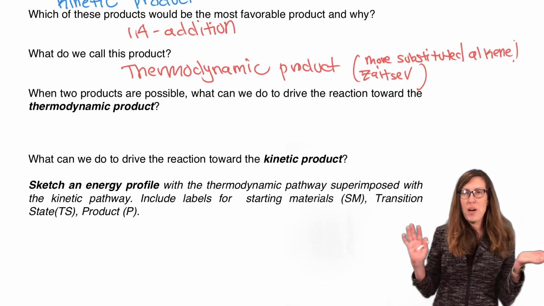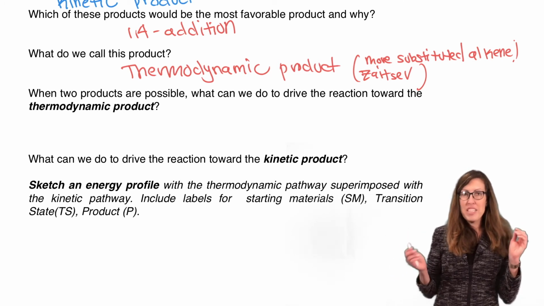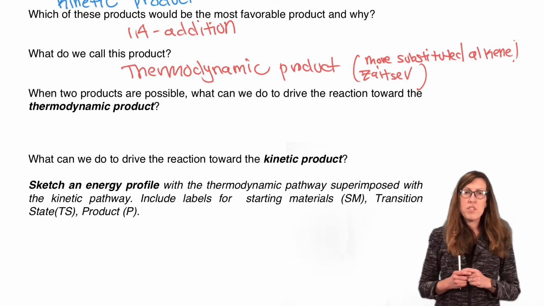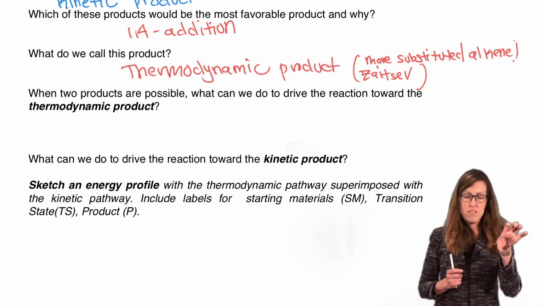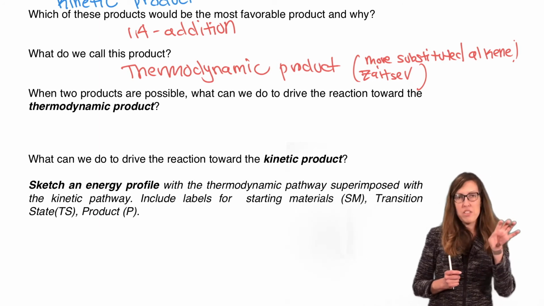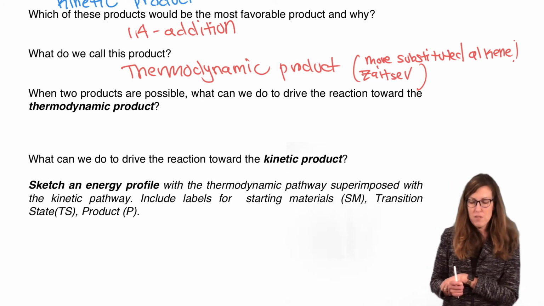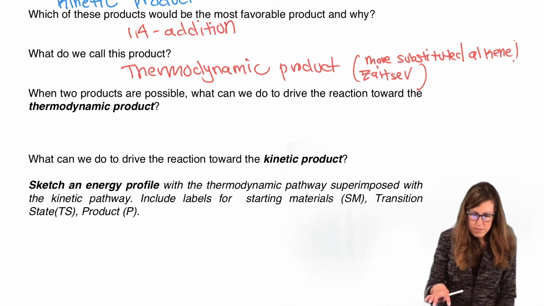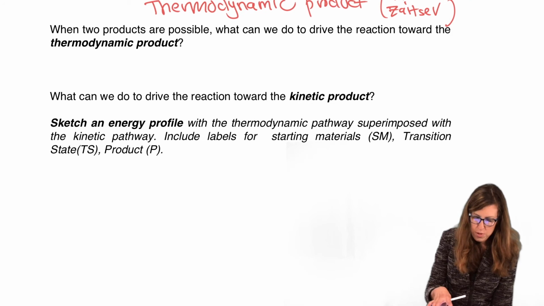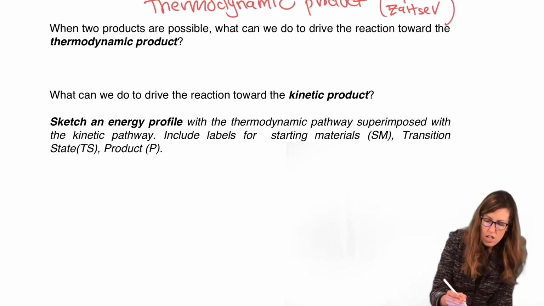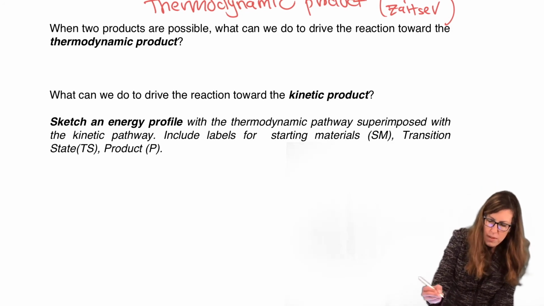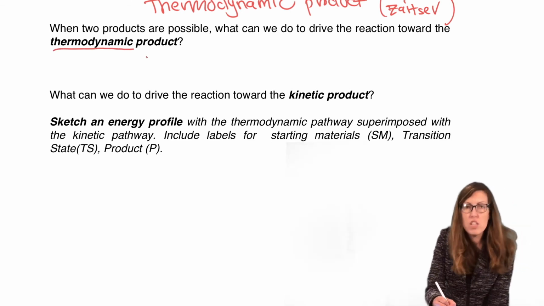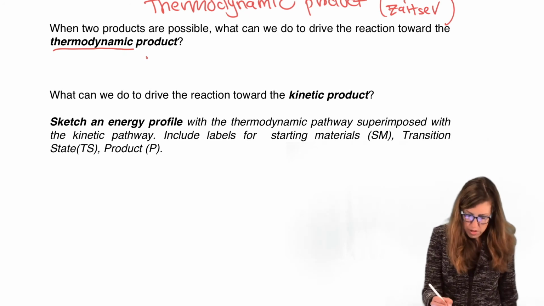We're going to want to know how to tailor reaction conditions to control one over the other. And the good news is you just have to add some extra detail to what's over the arrow to favor one path over the other. Okay, so things that favor the thermodynamic product are reversible reactions. So I'm going to write in red because it's thermodynamic, and that was our red path. So reversible reactions, in other words, equilibrium conditions.